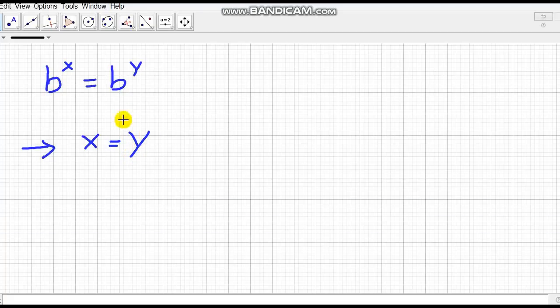If we have two expressions of the same base raised by x and y, and we say that they're equal, this means that the exponents x and y themselves are equal. We'll be using this later on when we solve for logarithmic and exponential equations.